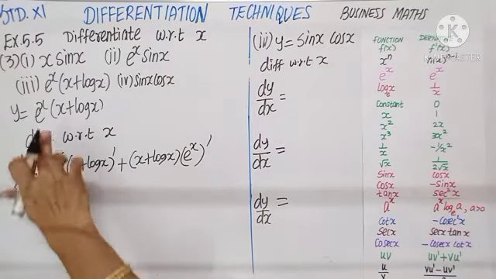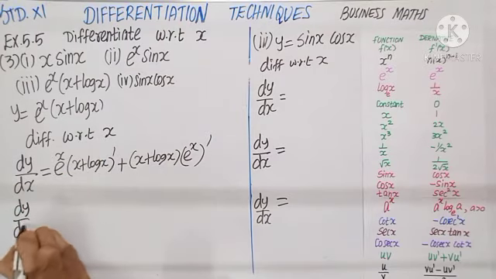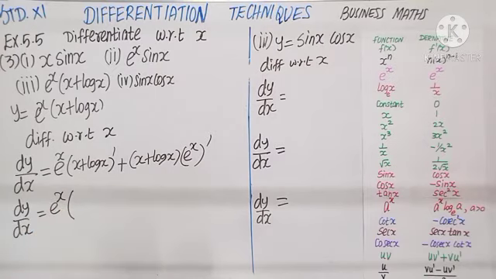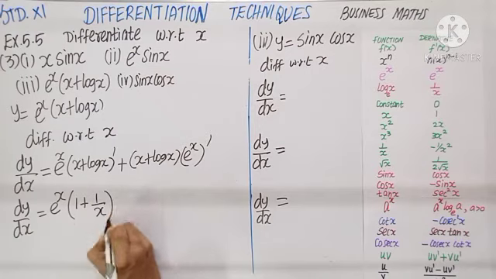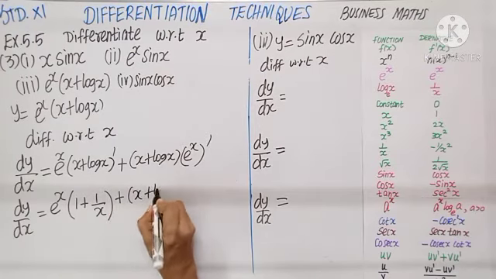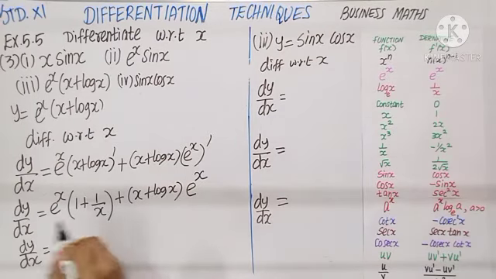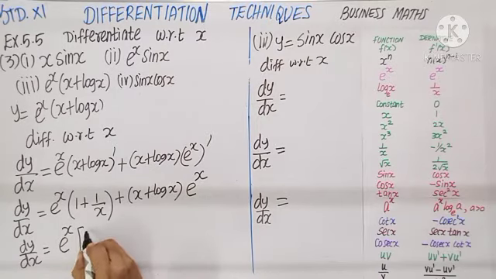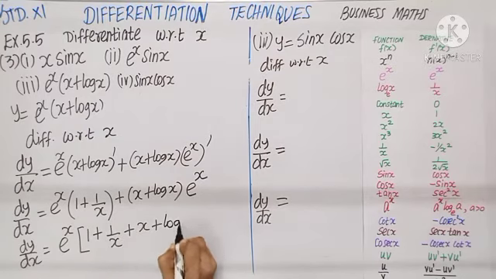Keep e power x, differentiate x plus log x, plus keep x plus log x, differentiate e power x. dy by dx equals e power x into x will become 1, log x will become 1 by x, plus x plus log x into e power x will become e power x. In both the terms, e power x is common. As we take e power x common, it is 1 plus 1 by x plus log x, and that is the answer.